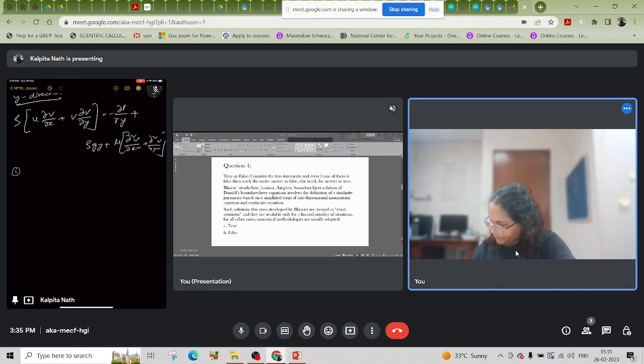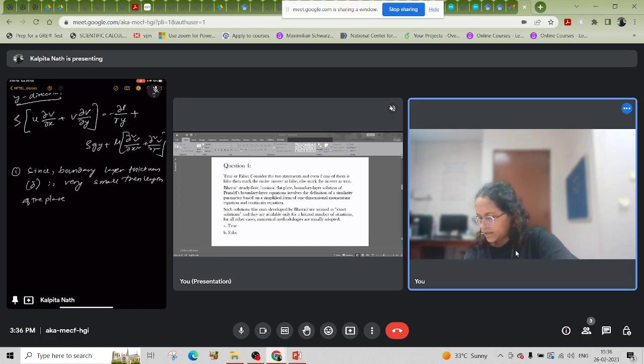Now, since the boundary layer thickness delta is very small, then the length of the plate L, that is delta, is far less than L, and flow mainly takes place in the x direction.